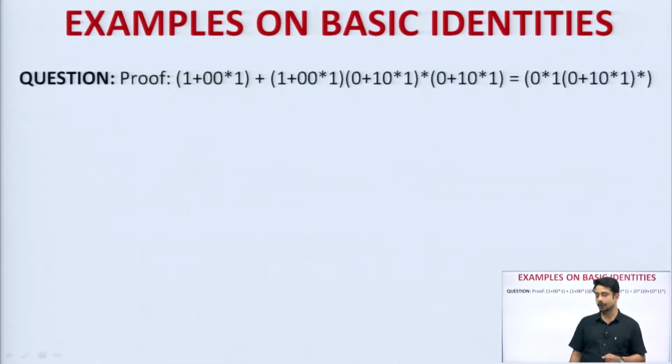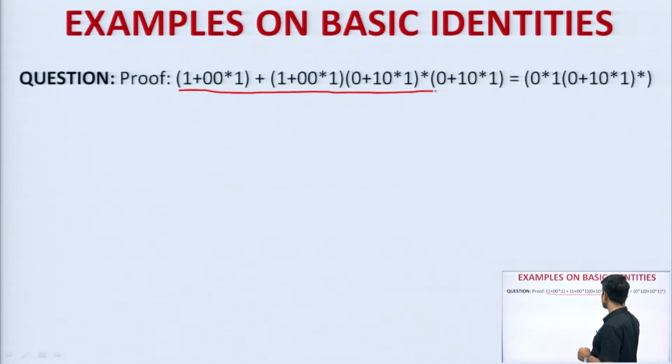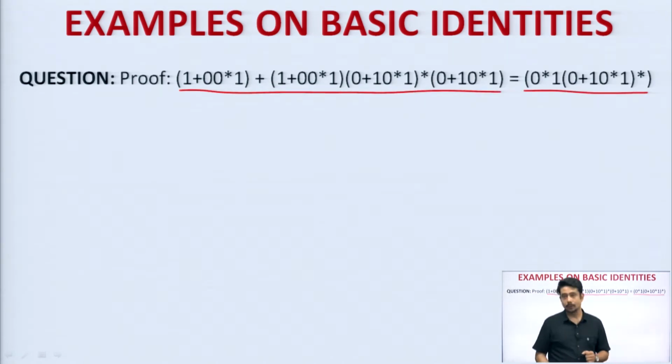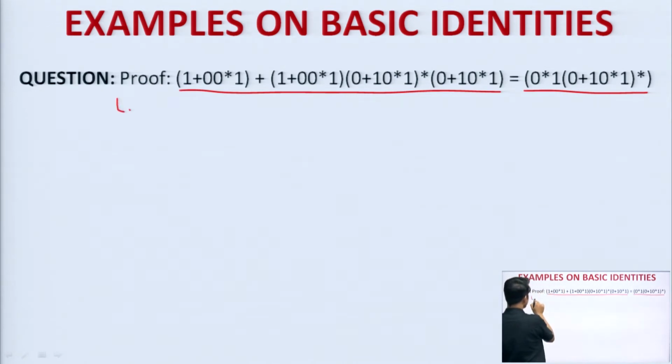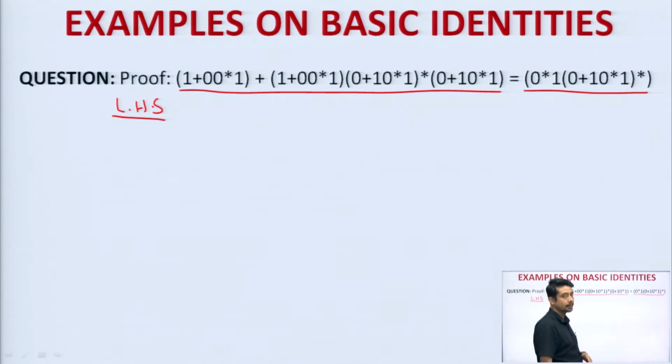Now, let us go with some of the examples. The first example says you have to prove this particular expression equals to this expression. Okay. So, in the general way, let us take the left hand side part. In this type of expressions, you try to find out some similarities, and take that similar expression as a particular name, say suppose r, p, q, anything, and that will help you minimize the expression in some way or the other.